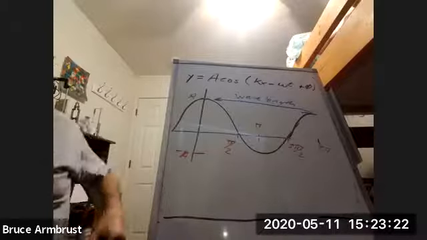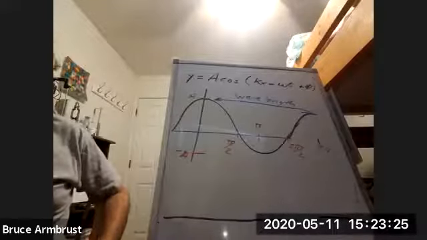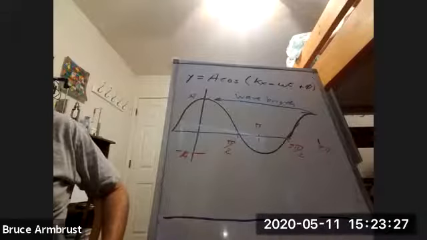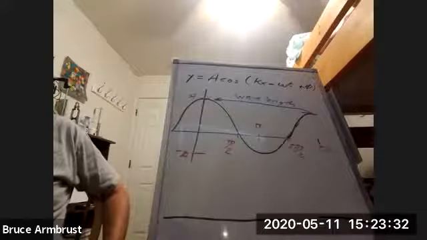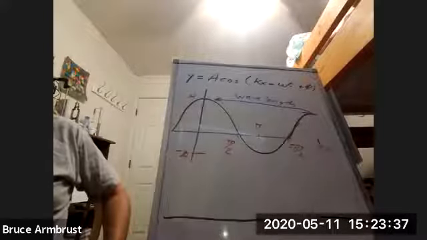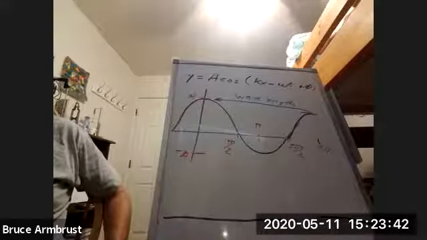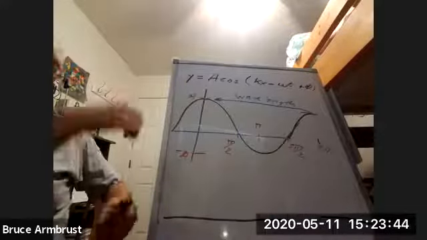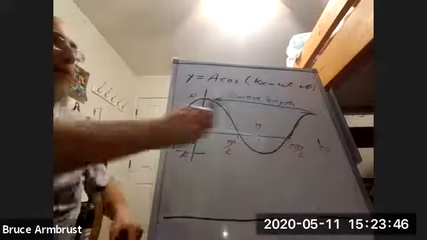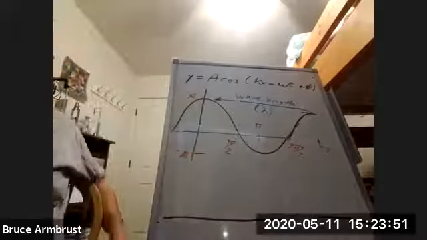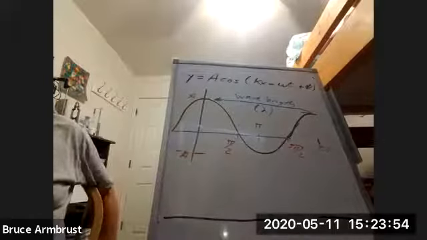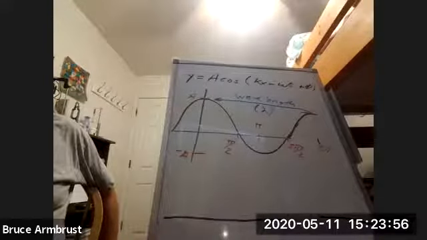So when we've called it the period before, like in a trig class or a calculus class, period was how long it takes to repeat. But in the physics world, we use wavelength to talk about the distance needed to repeat. So that's how far away you have to go to get to being on the same part of the wave. All right, so we call that the wavelength. The letter that we use for wavelength is the lowercase lambda. You haven't seen that before. That guy's lowercase lambda. And so that's going to be wavelength.